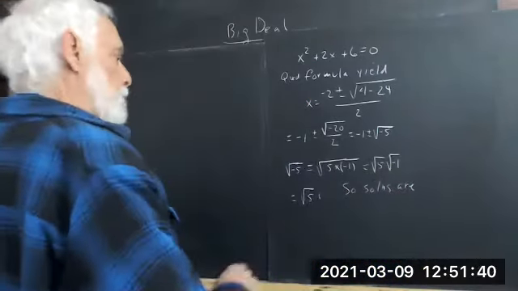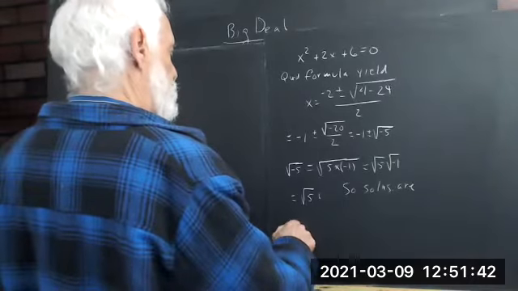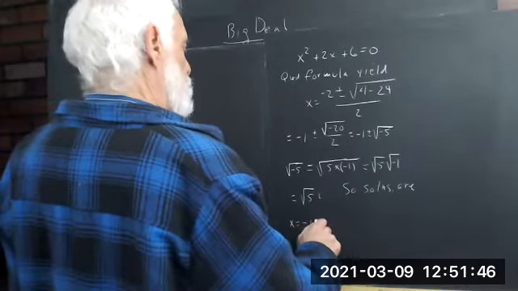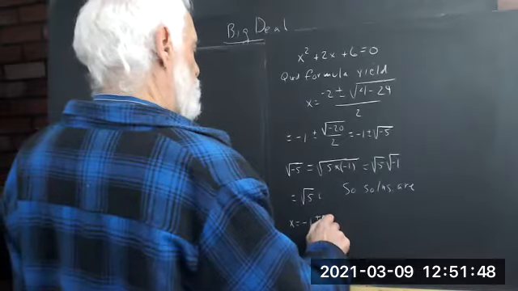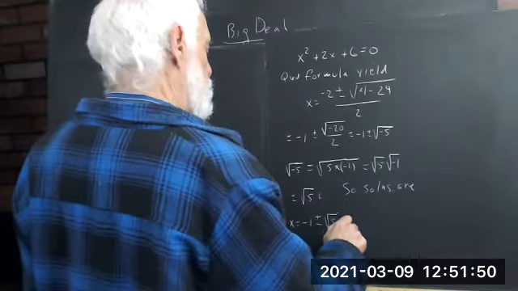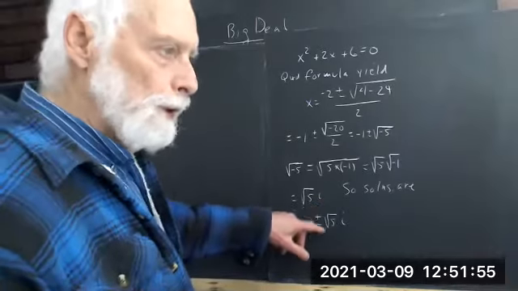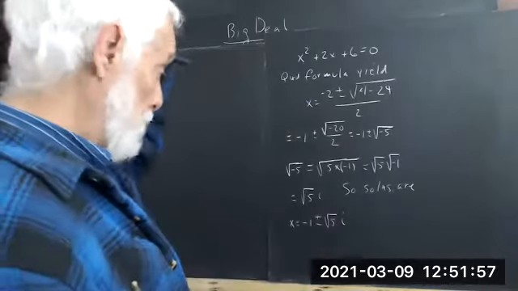So your solutions are x equals -1 plus or minus the square root of 5 times i.